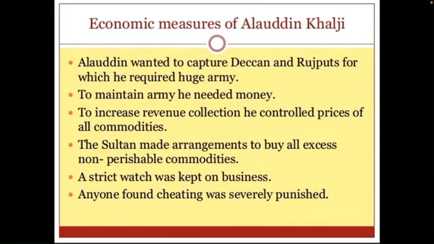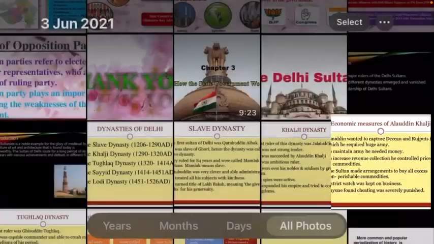He controlled prices of all the commodities in his area. The Sultan made arrangements to buy all excess non-perishable commodities. A strict watch was kept on the business. Anyone found cheating was severely punished. Following these measures, he collected a lot of money.